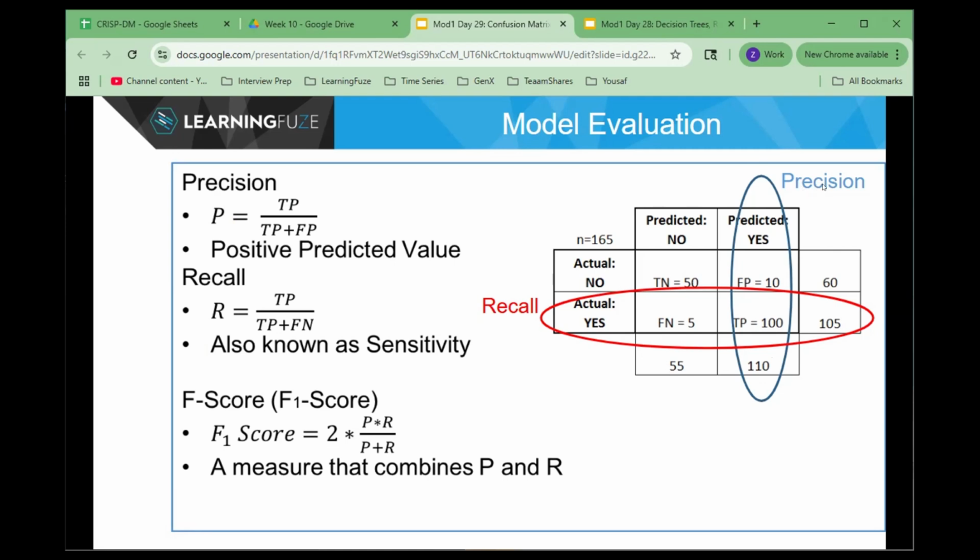That is precision. And recall is when you take your true positives and divide by the sum of the true positives and false negatives. This is recall.